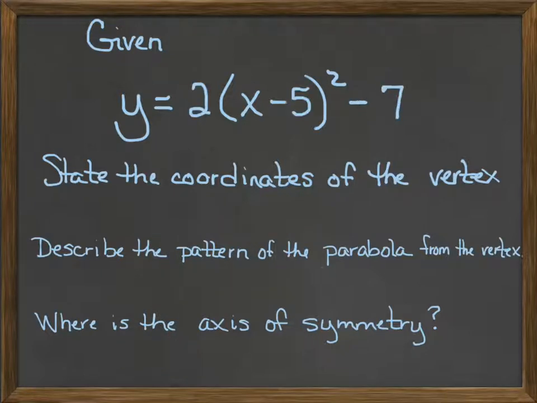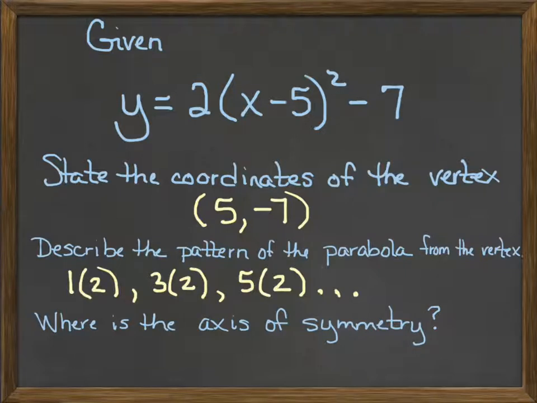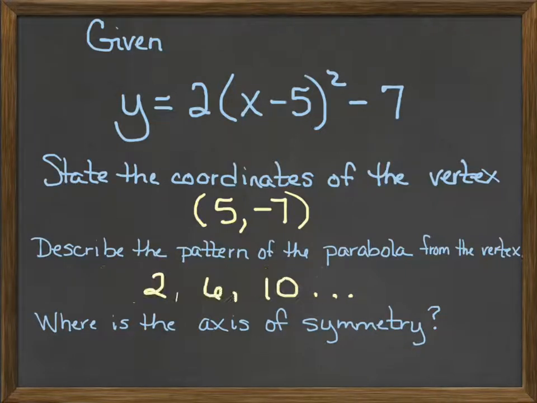Here's another example. State the coordinates of the vertex. Describe the pattern. This time a is 2. So we're going to take 1 times 2, 3 times 2, 5 times 2, which gives us the pattern 2, 6, 10.